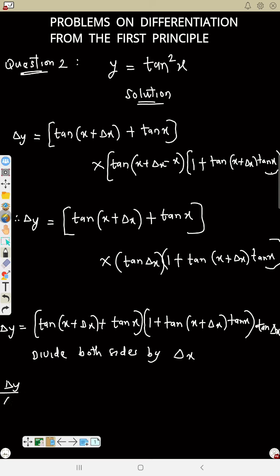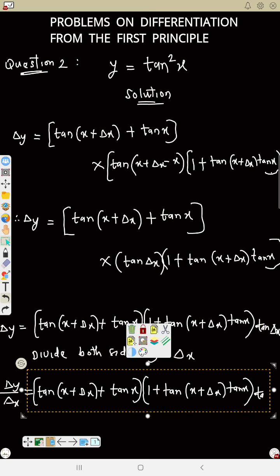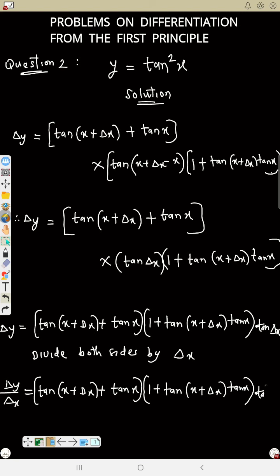That will be dy over dx equal to all this expression here, times tan dx divided by dx, because tan dx is the one I'm putting the dx under. I'm dividing both sides by dx. It's because there is no space; you can still write it here if you have space.